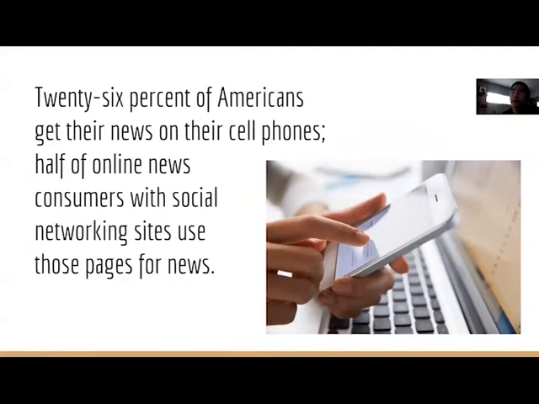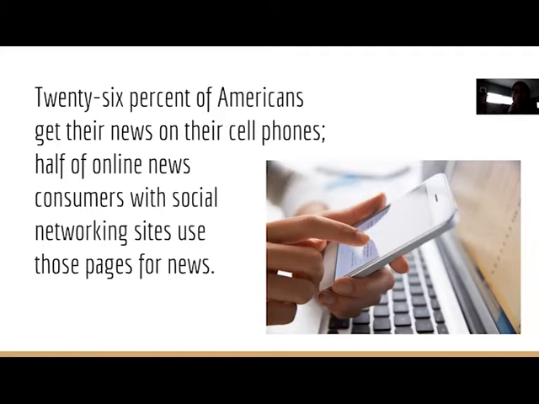Here's an interesting stat. 26% of Americans get their news on their cell phones. Half of online news consumers with social networking sites use those pages for news. So what that means is 26% of people only get their news from their phone, which is a crazy statistic, because that means they're not looking at TV, they're not listening to radio, they're not reading articles.